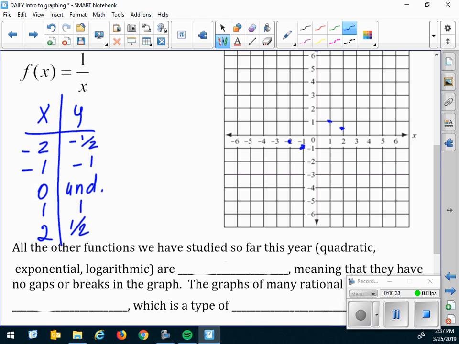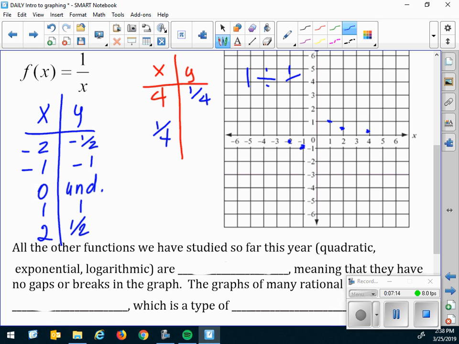Now, let me ask you a couple more questions. What if x is 4? What's y? 1/4. So if x is 4, y is 1/4. Now, question here. What if x is 1/4? 1 divided by 1/4, Tree said, was 4.